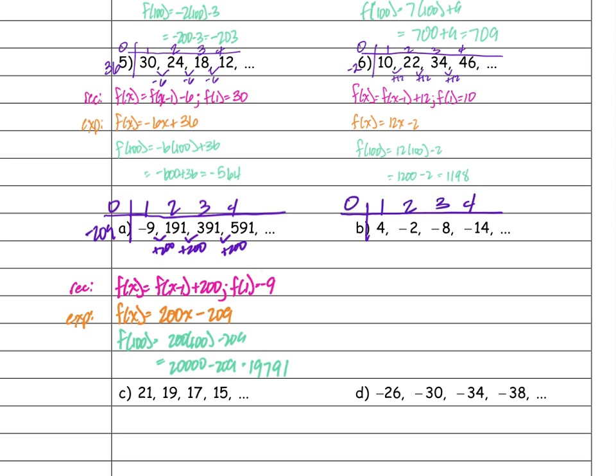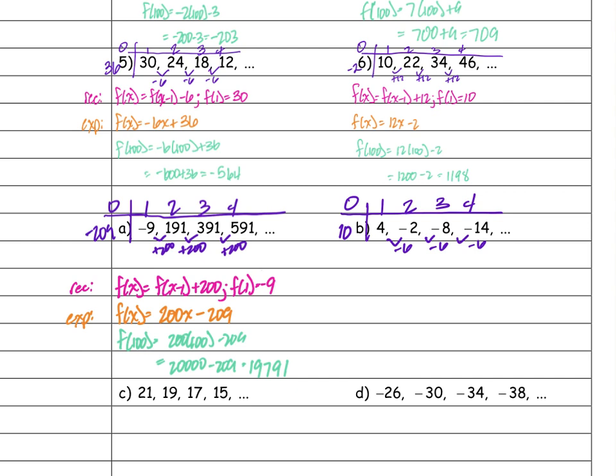My 0th term. What am I doing every time on this one? To get from 4 to negative 2, negative 2 to negative 8, and negative 8 to negative 16, I'm subtracting 6 this time. So I'm going to add 6 to 4, which gives me 10.